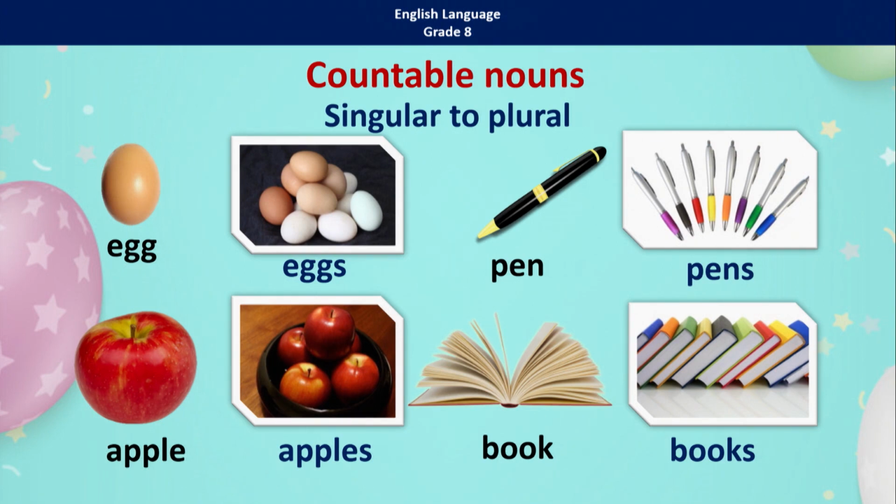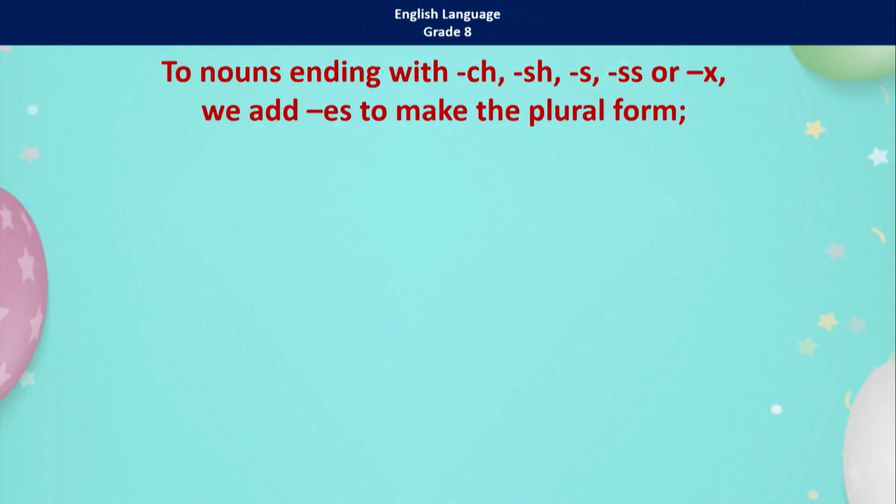We'll move to the next rule. To nouns ending with CH, SH, S, SS or X, we add ES to make them the plural form. Now children, you have to keep in mind the words which end with CH, SH, S, double S or X. What you should do is add ES to the tail end of the word.